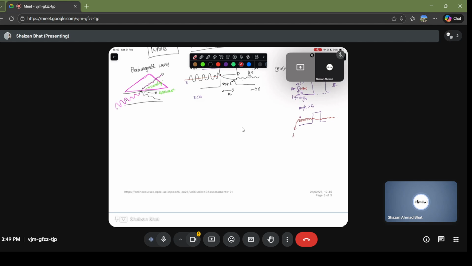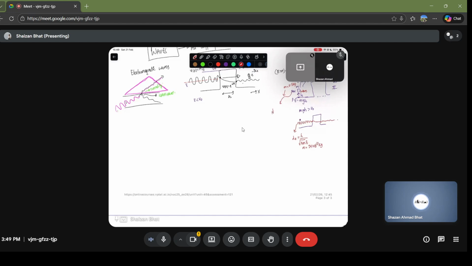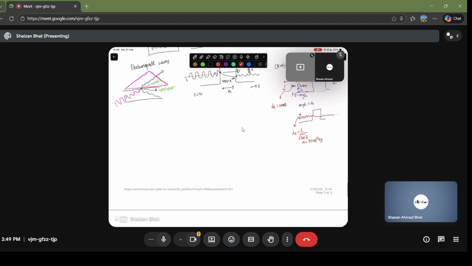For the electron, the de Broglie wavelength is h over the square root of twice m times energy. The mass of the electron is 9.1 into 10 to the power minus 31 kilograms, and for the ball, let's say the mass is 0.5 kilograms. If you compute the de Broglie wavelength for the ball, it will be small because the denominator is huge.